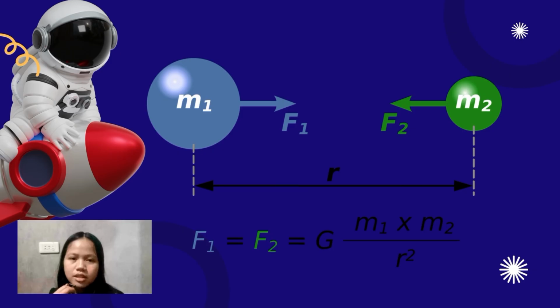So let's have a look at this illustration presented on the screen. So the gravitational force simply measures the attraction between the two objects. So object 1 and object 2. So ang gina-measure sa gravitational force is the attraction between sa ilahang duha.